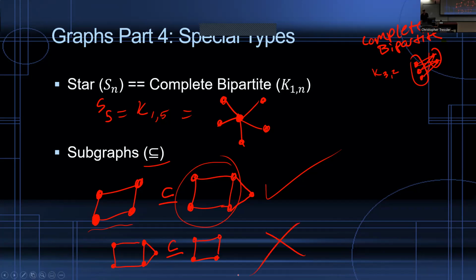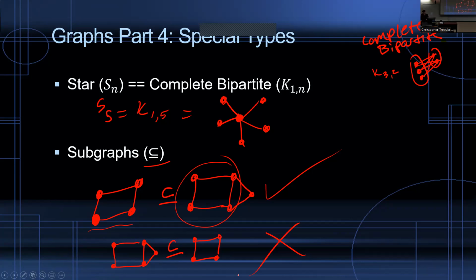Whatever's on the left needs to basically be part of what's on the right. Does that make sense? Because once again, it's a less than or equal to sign. For something to be a subgraph, every single part of that graph is included in the other graph, the graph you're comparing it to.